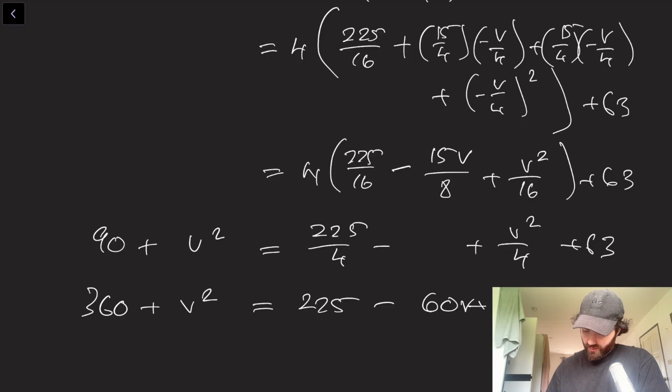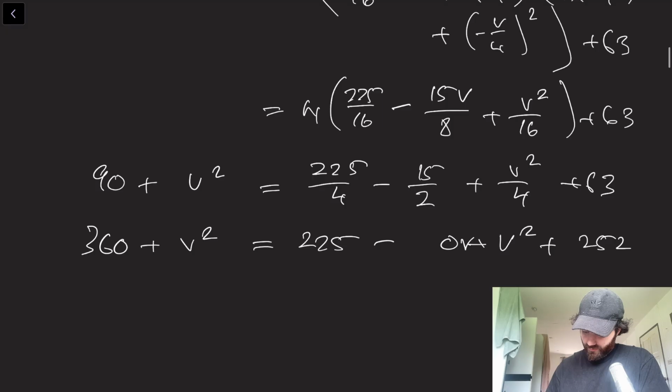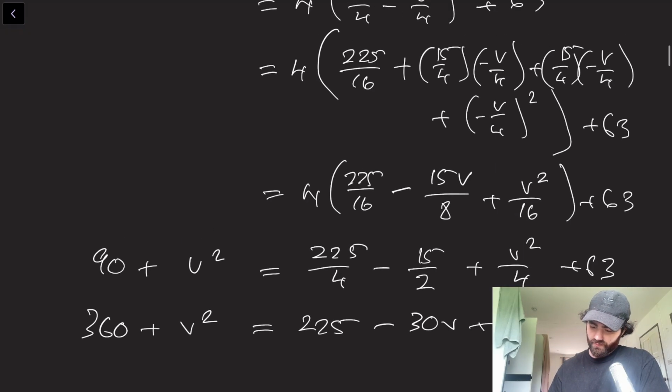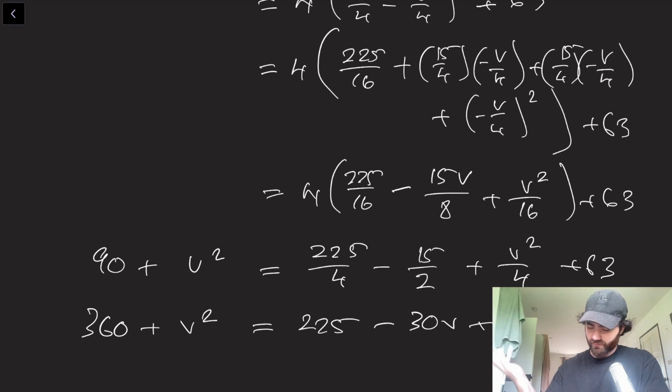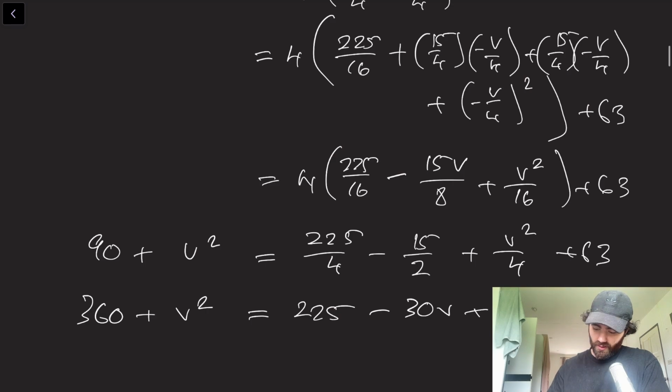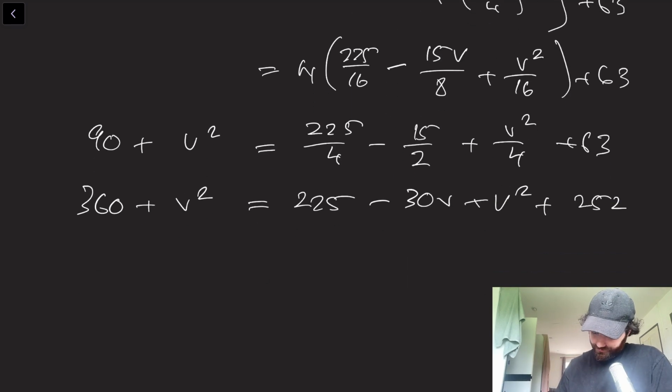So this will make this minus 15 over 2, which would make this 15 over 2 times 4 is 30v. Anyway, that's it, so whatever.